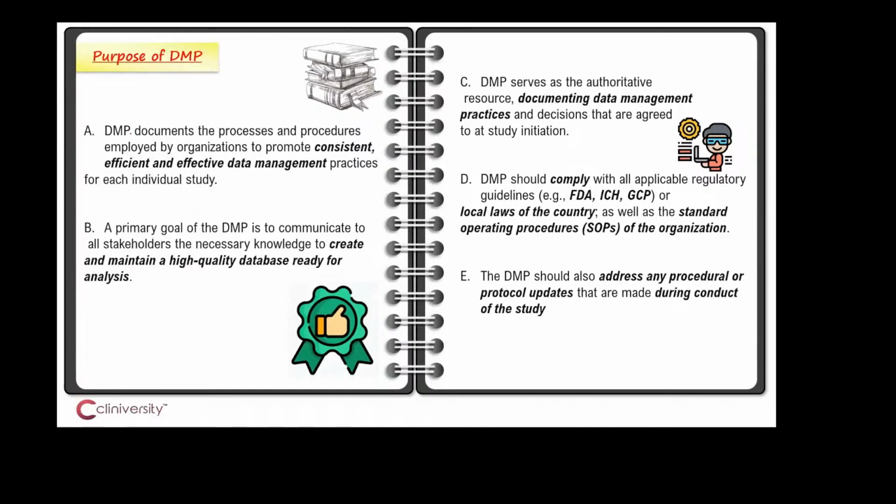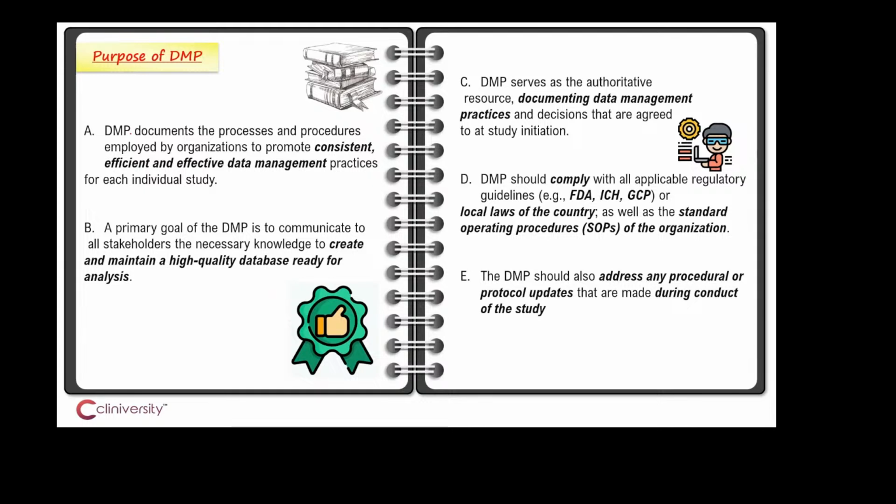Let's now understand the purpose of the DMP. Now, the DMP documents the processes and steps which are employed by the organization, as we mentioned in the previous slide, to promote consistent, efficient, and effective data management practices for every specific study.